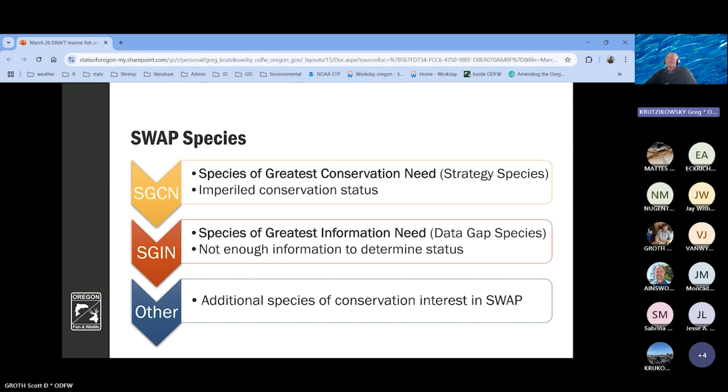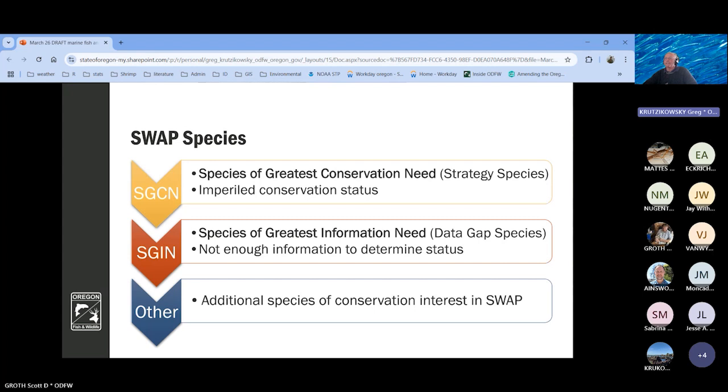We'll walk you through each of the categories up here on the screen to provide better information on what these classifications mean, how we're using them, and how you can help refine our draft. Our species of greatest conservation concern are those that we have identified as having imperiled conservation status, and are what we previously referred to as strategy species.